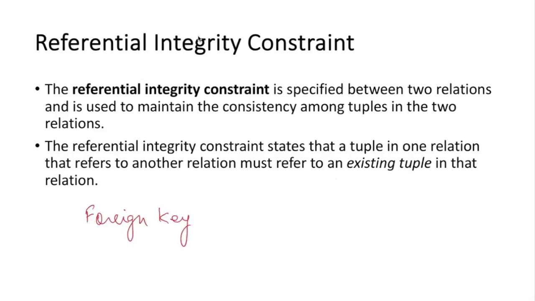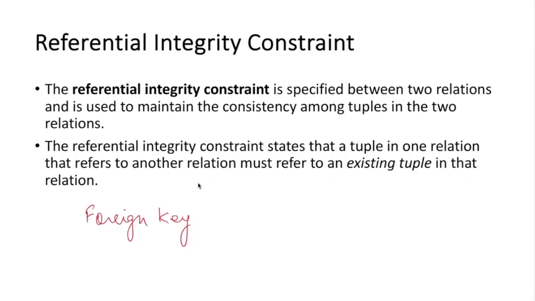The definition is given as: it is specified between two relations and is used to maintain the consistency between tuples in the two relations. So what does it state? The referential integrity constraint states that a tuple in one relation that refers to another relation must refer to an existing tuple in that relation.